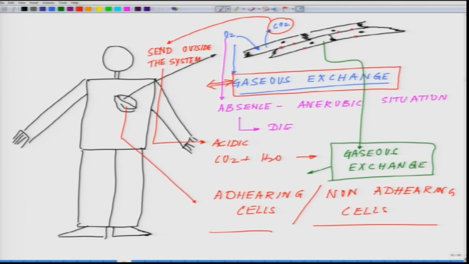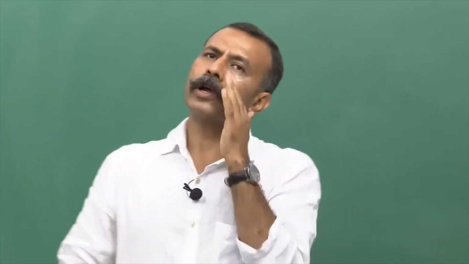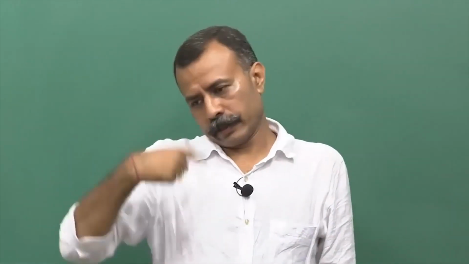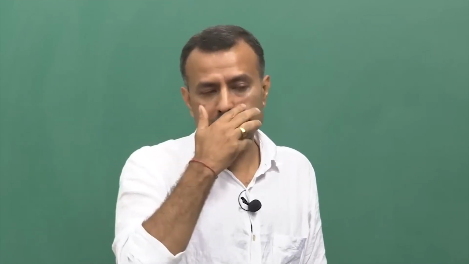Talking about non-adhering cells: adhering cells, you could see, are all adhered to each other, right, in our hand. Now, non-adhering cells, blood cells, are circulating in your body and they do not adhere. If they adhered, they would collapse, because they have to carry oxygen.